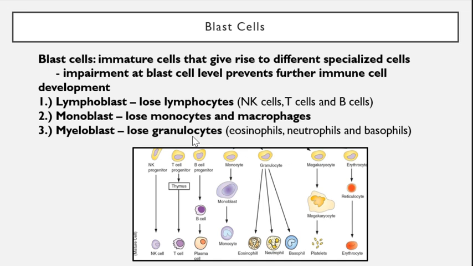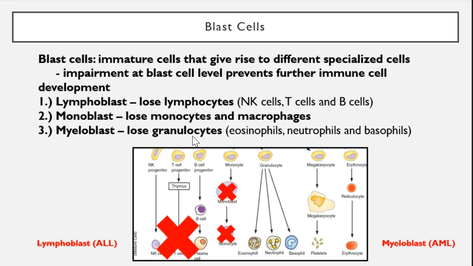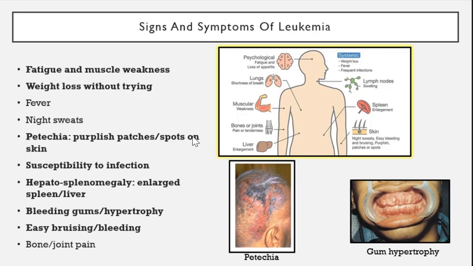Same with monocytes and also your myeloblasts. So if you have a problem with your monoblasts, it's going to affect your monocytes, which will also affect your macrophages, and same with your lymphoblasts and your granulocytes. Forgot I animated that. All right.